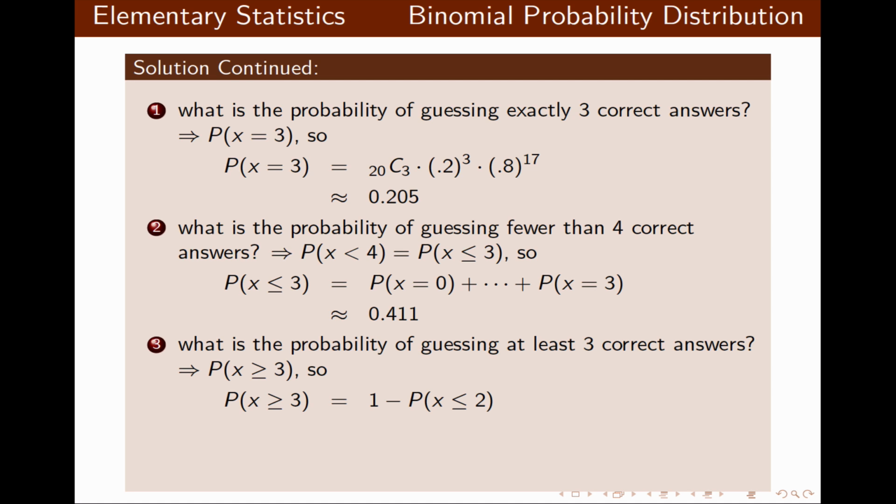At most 2 means less than or equal to 2, which is the probability that x is 0 plus the probability that x is 1 plus the probability that x is 2. We find this total and subtract it from the total probability 1. So we do the calculations and the final answer is 0.794.